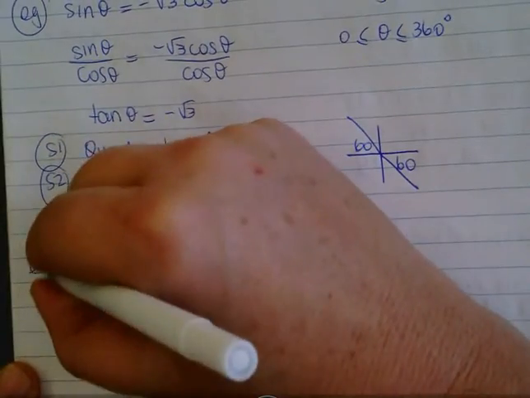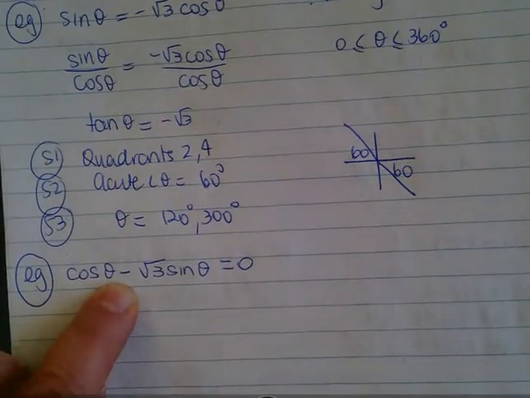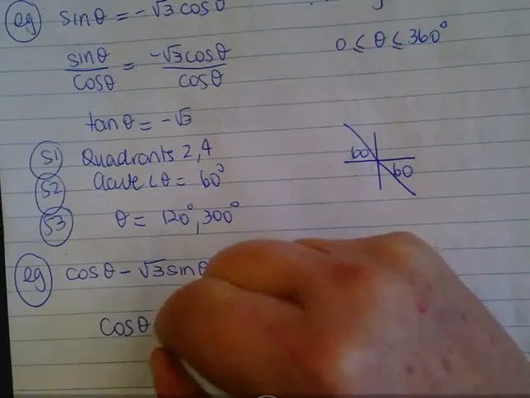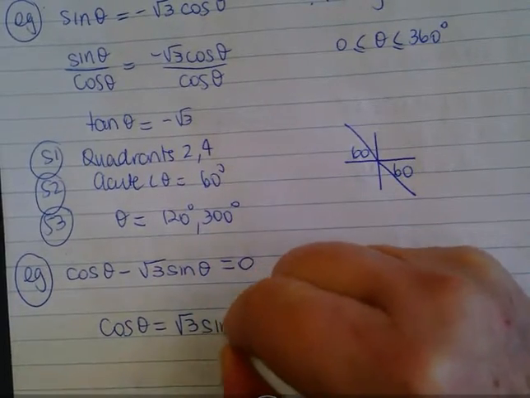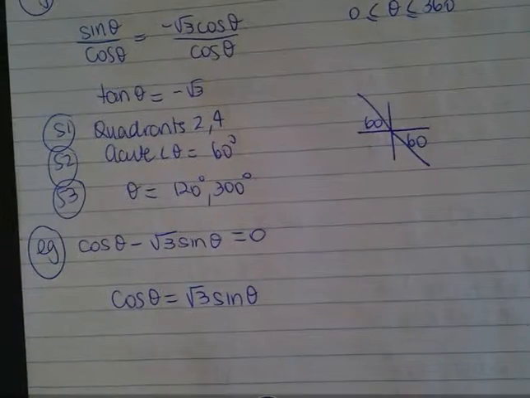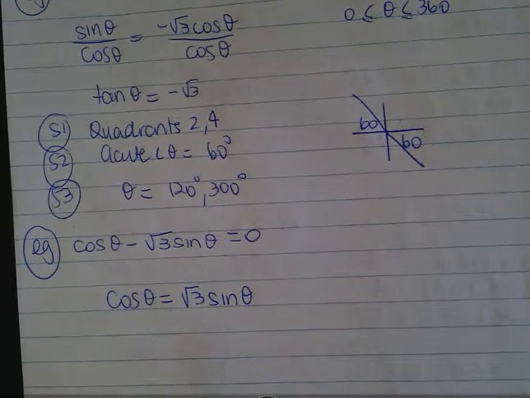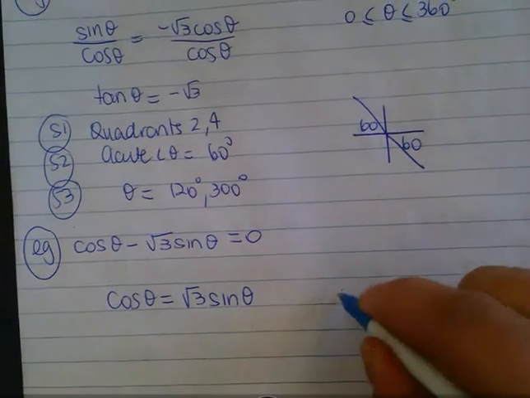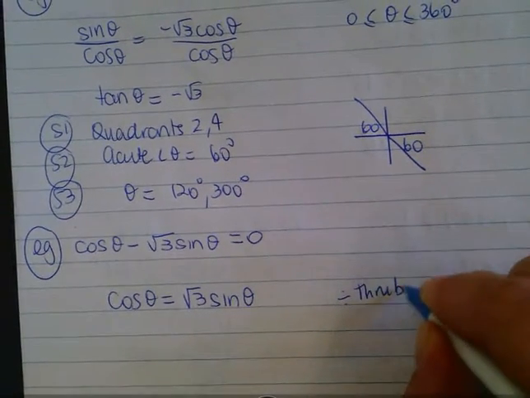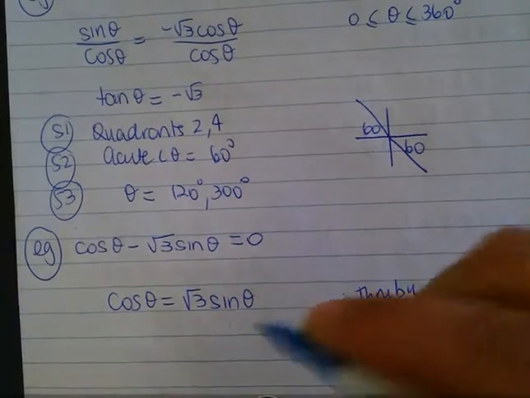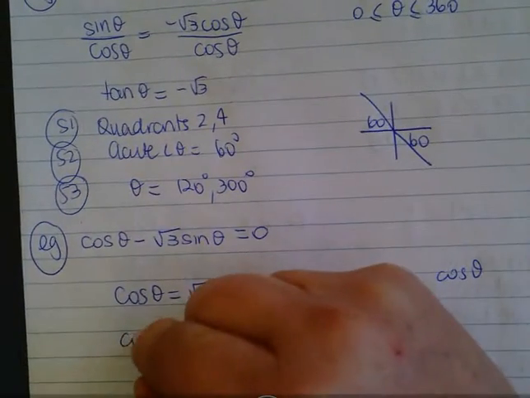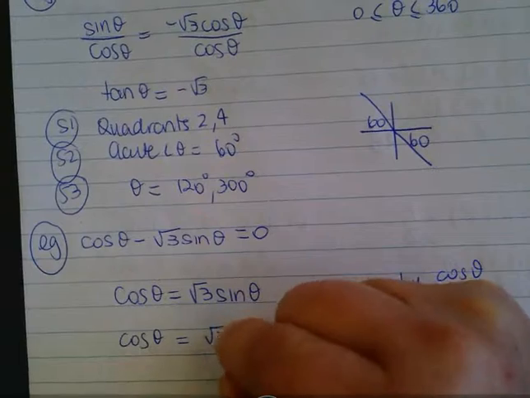Here's the last one. Cos theta is root 3 sine theta. Now, when you divide through by cos, let's divide through by cos. And what are you going to get?